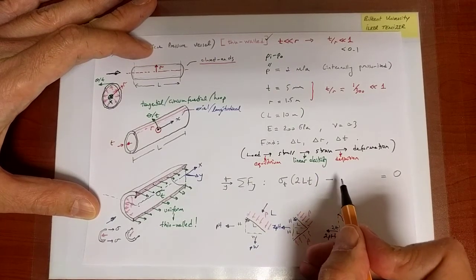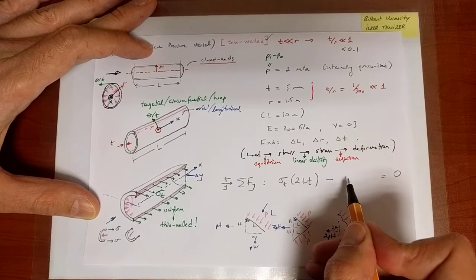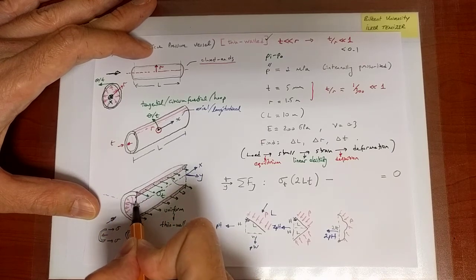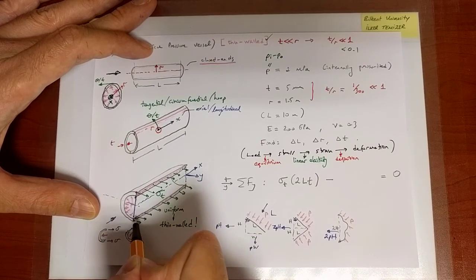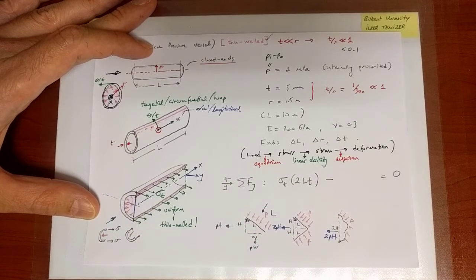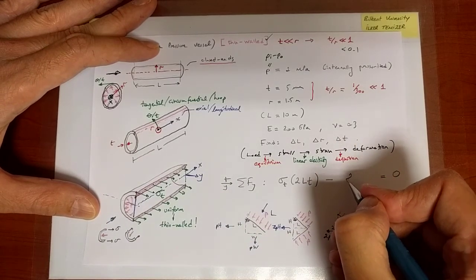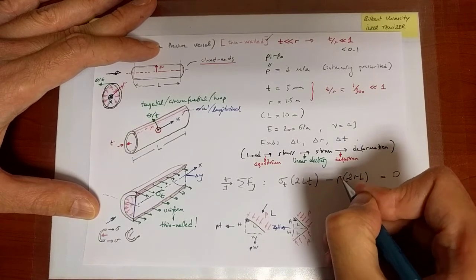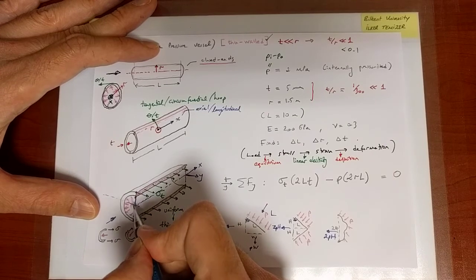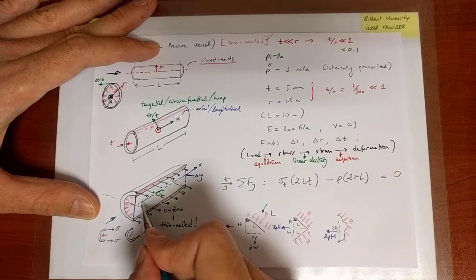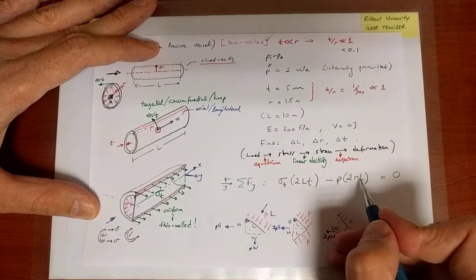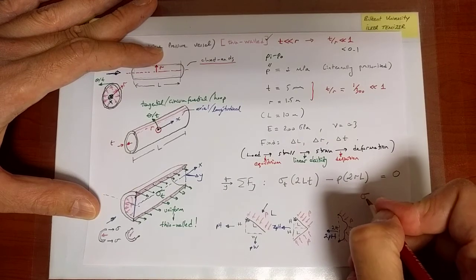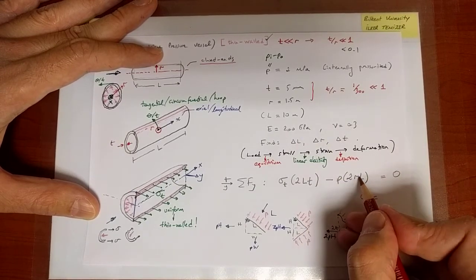So therefore, the net force in that direction is going to be P times the projection of this area along that direction, which is simply this length. And that length is 2r. So it is 2r times the length multiplying the pressure. So 2L. And now the thickness is not 1 here. It was 1 here. There's a dimension L. So it's 2RL, which leads me to the result that sigma T is equal to PR over T.